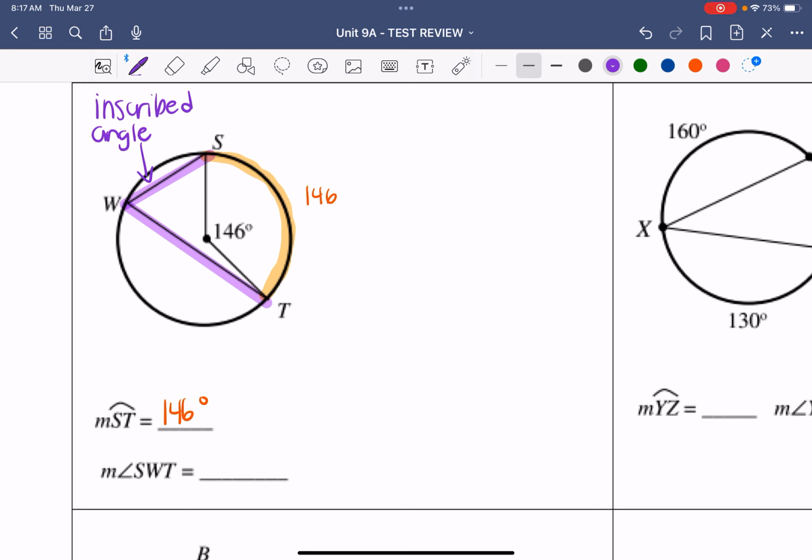And an inscribed angle is always half of the arc that it's touching. So it turns out that it's touching that same arc, the 146. So to find this one, it would just be half of 146, which is 73 degrees.